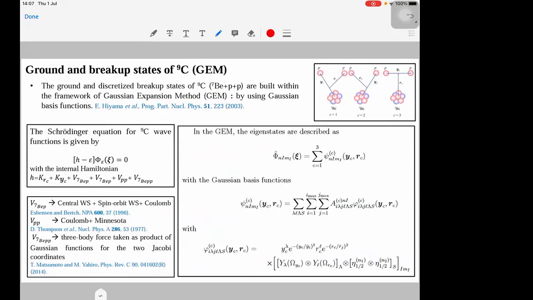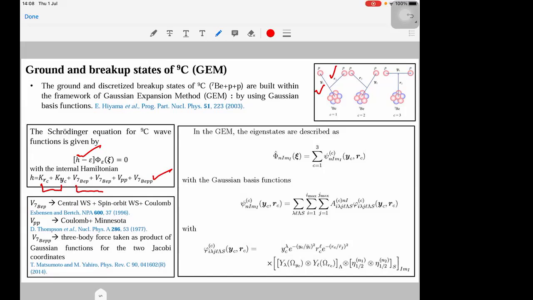The ground and discretized breakup states of 9-carbon are built within the framework of the Gaussian expansion method by using Gaussian basis functions. These ground and discretized breakup states are obtained by diagonalizing the 3-body Hamiltonian, which consists of various terms. The first 2 terms are the kinetic energy terms associated with the Jacobi coordinates.